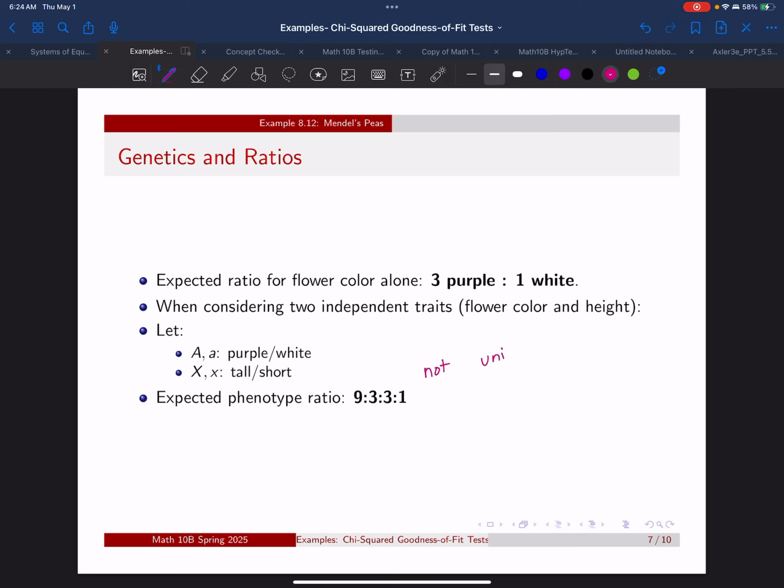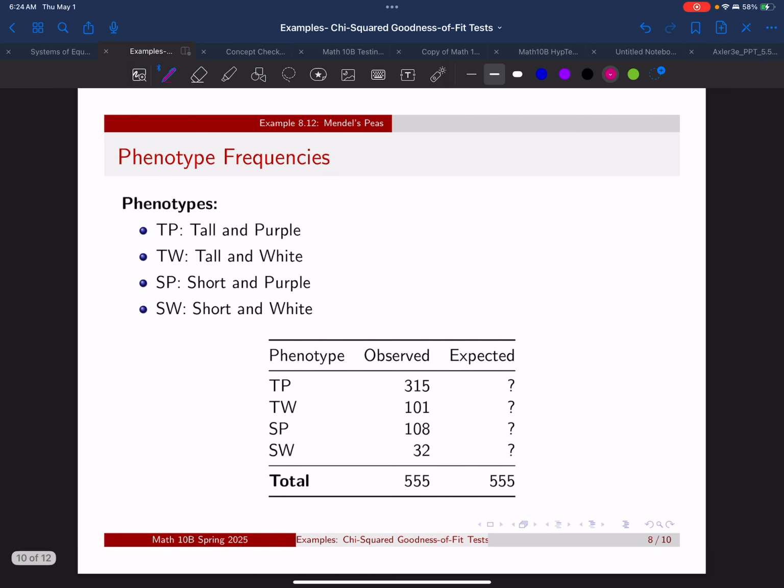Okay, so if we have a total of 555 observations and we are expecting a 9 to 3 to 3 to 1 ratio, how do I determine the number of expected of each phenotype?